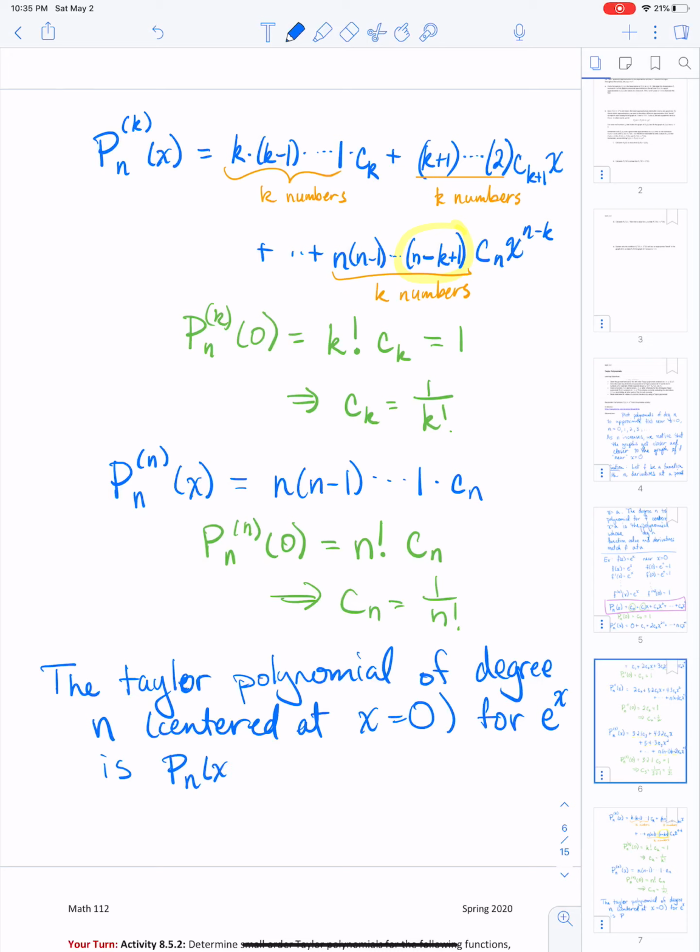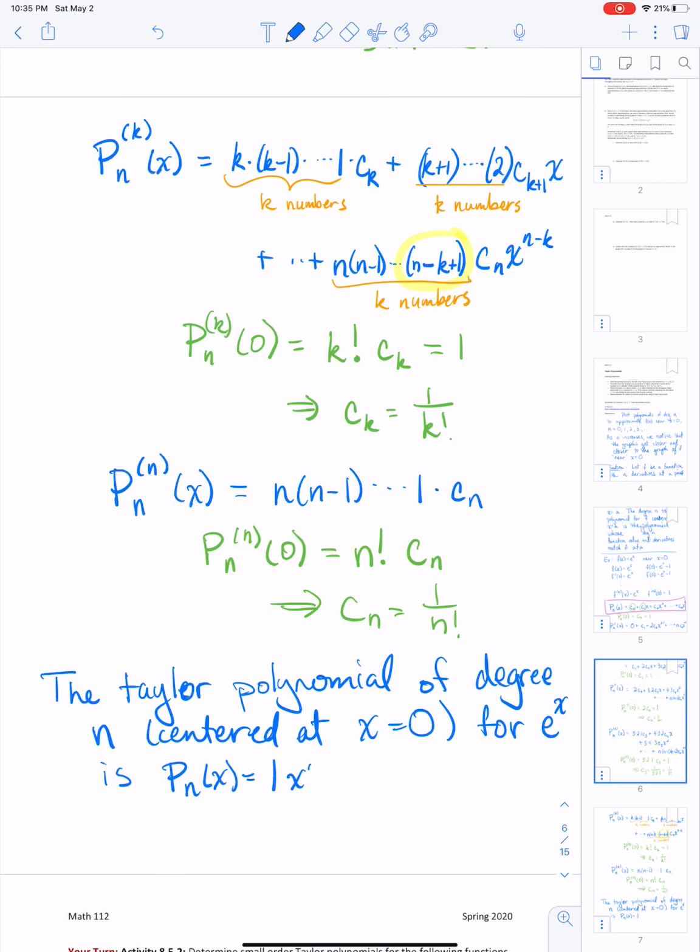Pn of x is equal to, okay, so C0 was 1, C1, and let me just write here 1 times x to the 0 plus 1 times x to the 1 plus 1/2, right?